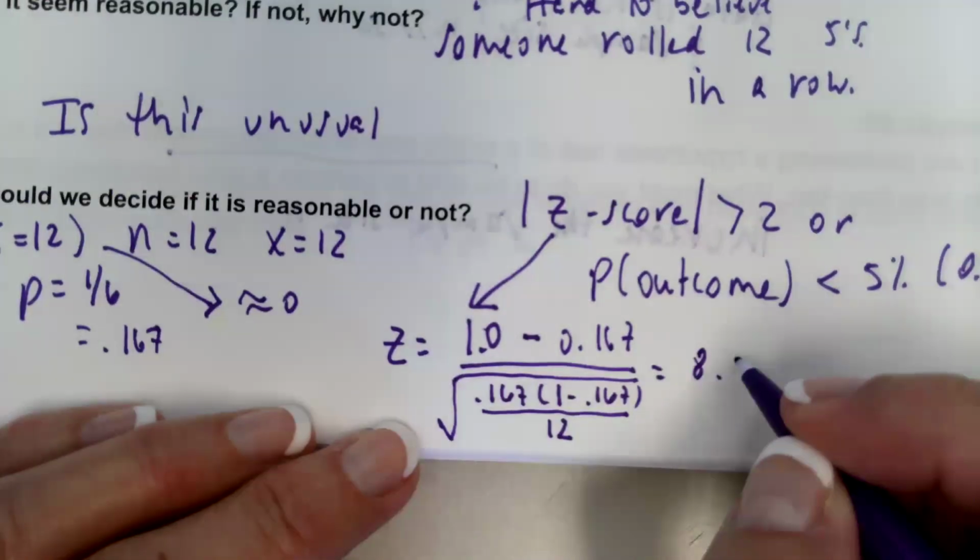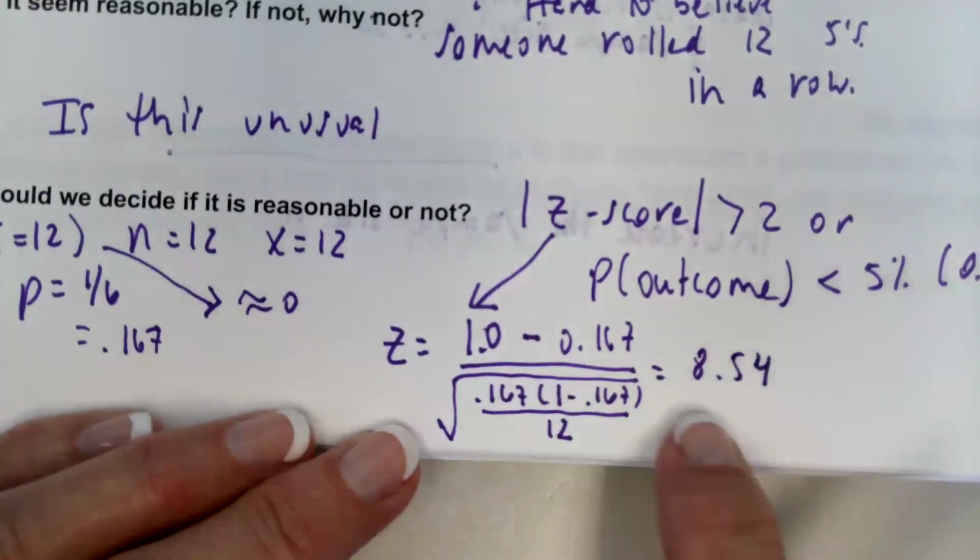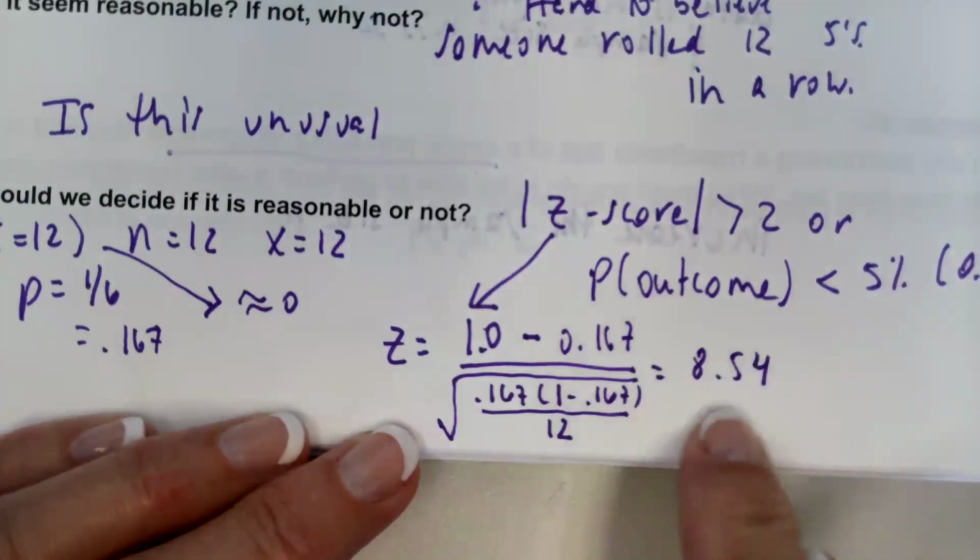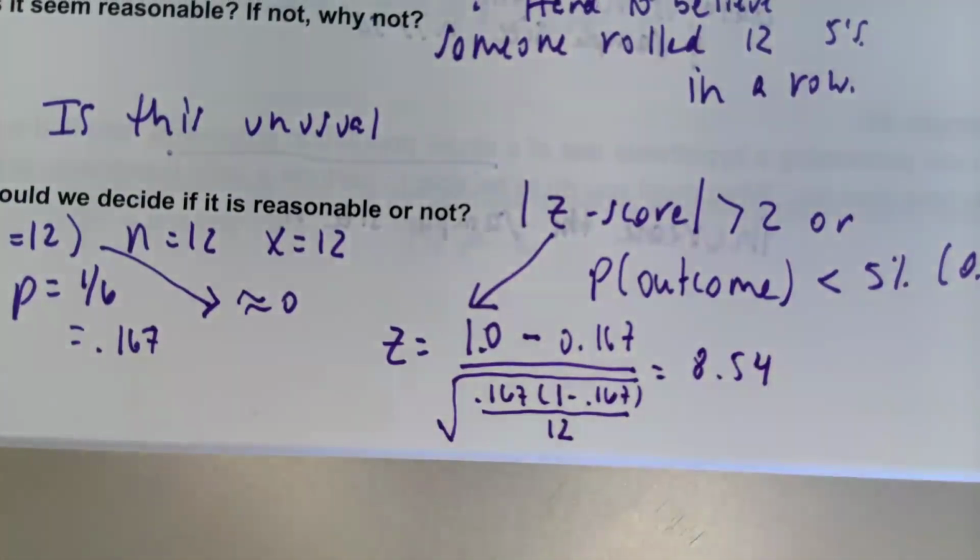That comes out to be a z-score of 8.54. So this would be considered extremely unlikely for this to happen.